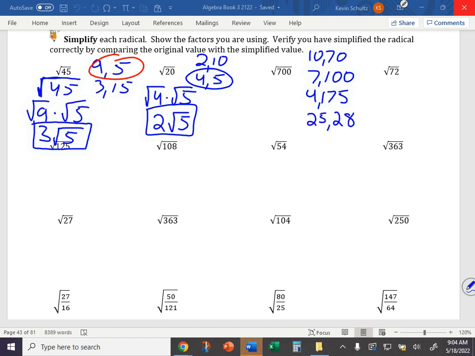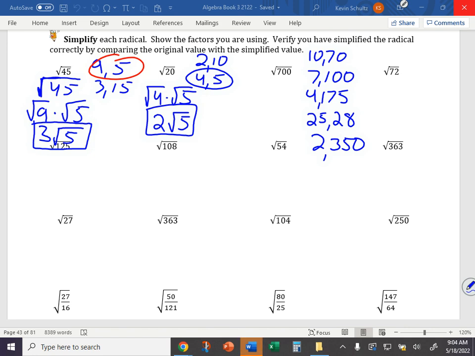I'm reordering them so the perfect square comes first, just because that's how you would write it here. Except for 7 and 100, I put that smaller number first for some reason. I'm inconsistent. Anyway, 2 and 350. Okay, that's enough to put up there because what are you seeing here?